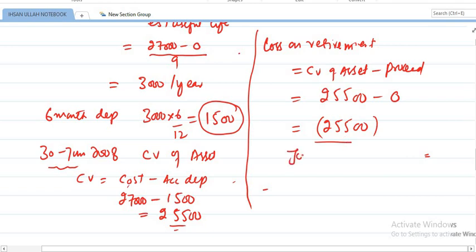Now the journal entry for this will be like you will have to first credit the asset, the plant.